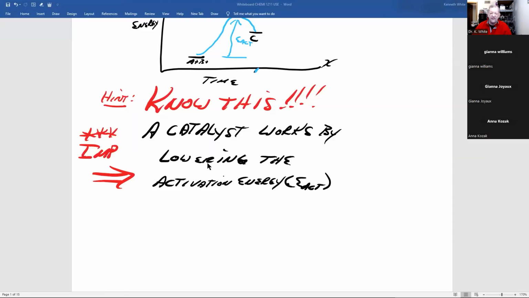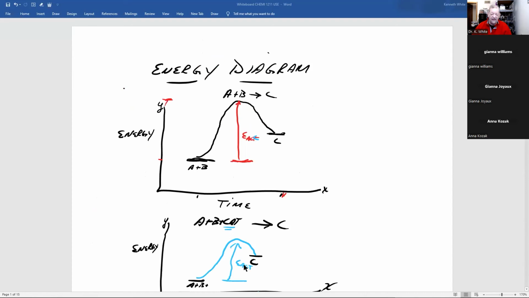They're there to make reactions go quicker, to keep us alive. But you should know, when we're talking about what factors make a reaction go quicker or affect the reaction rate.